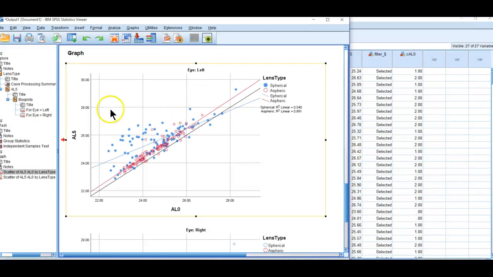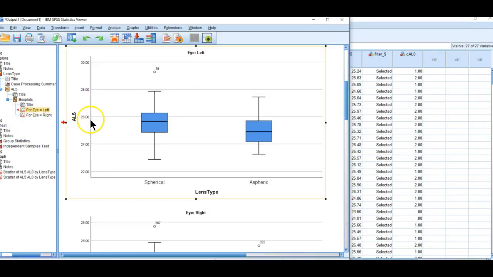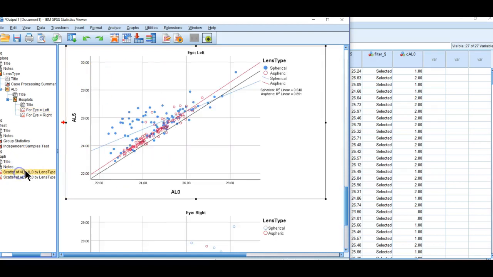So if we look, we've got values going from this guy up here at about 29, and down here about 23. So we have this big spread of data when we're comparing our t-tests.